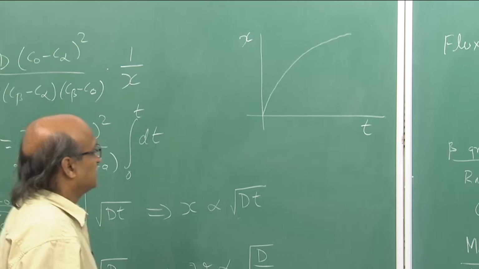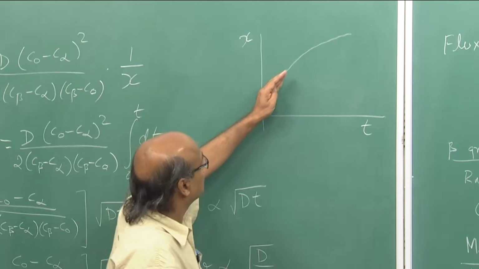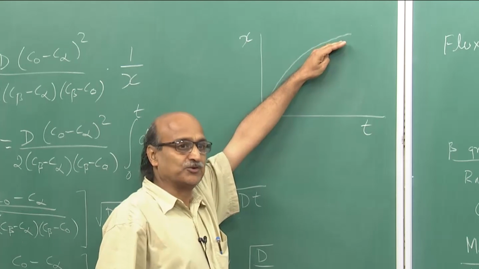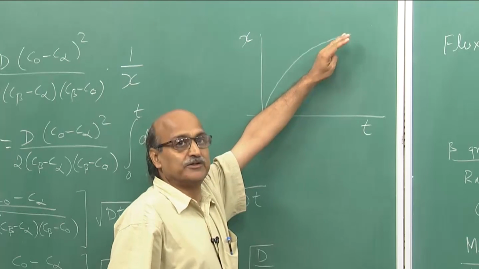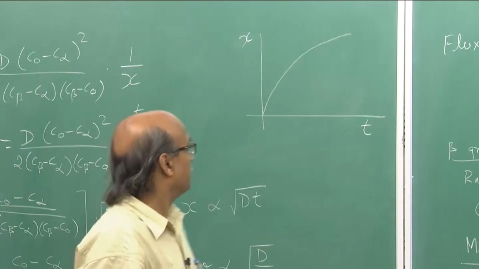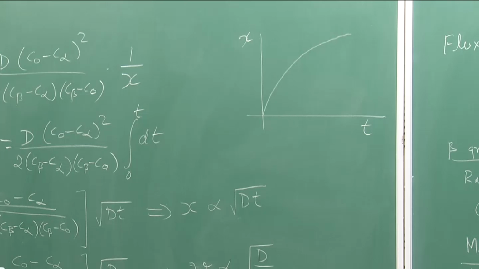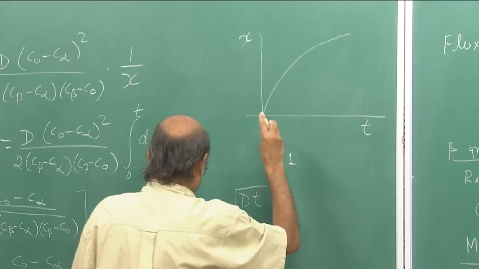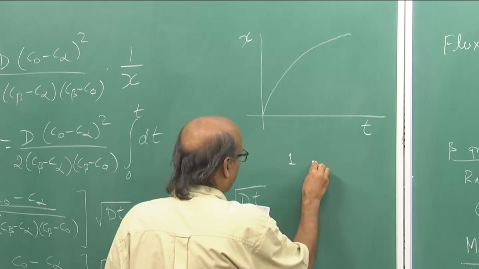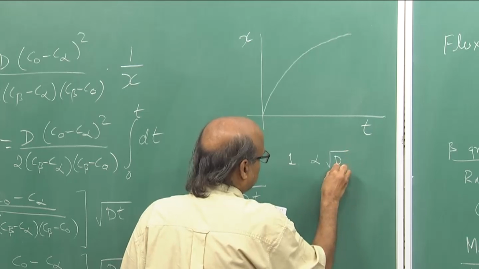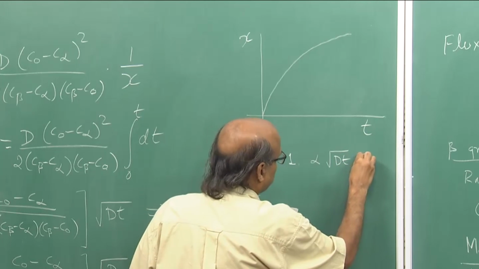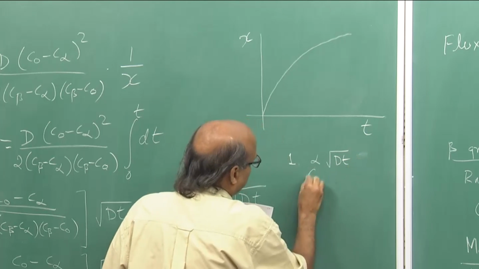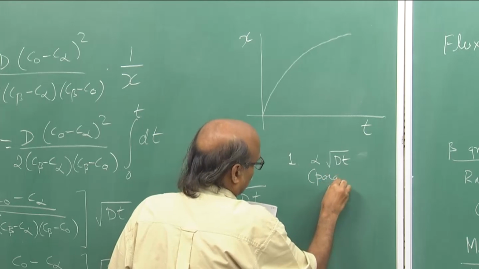So, as growth is taking place, the rate at which growth is taking place is continuously reducing with time. So, in fact, points to note here are: one, that growth is proportional to root Dt, and hence this is called parabolic growth.